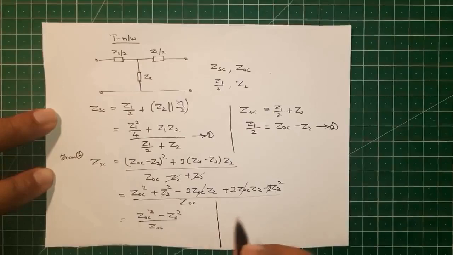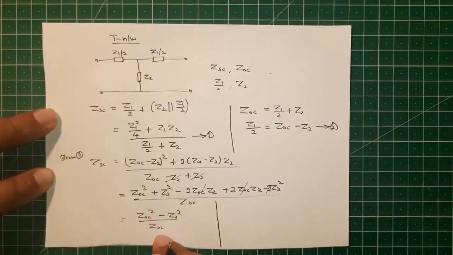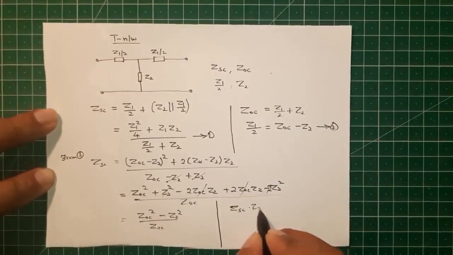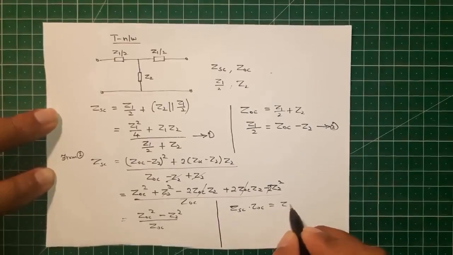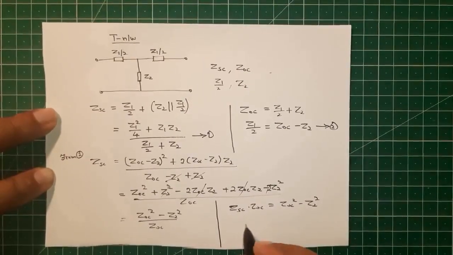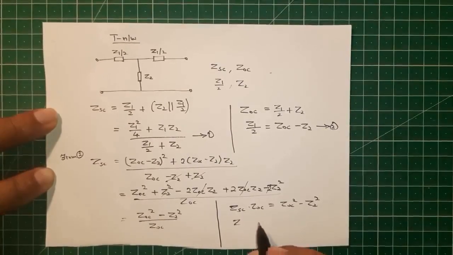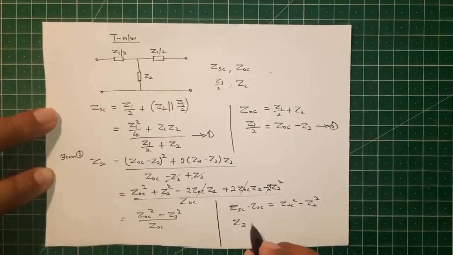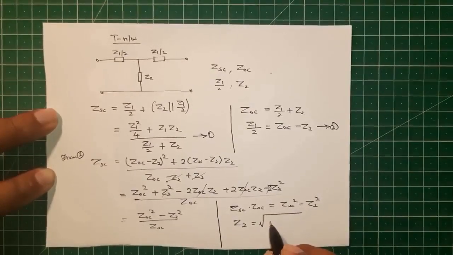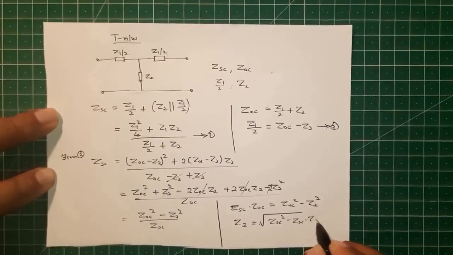Now we can cross multiply this and write this ZOC we can bring to this side. So ZSC into ZOC is equal to ZOC square minus Z2 square. From this we can write Z2 as square root of ZOC square minus ZSC into ZOC.